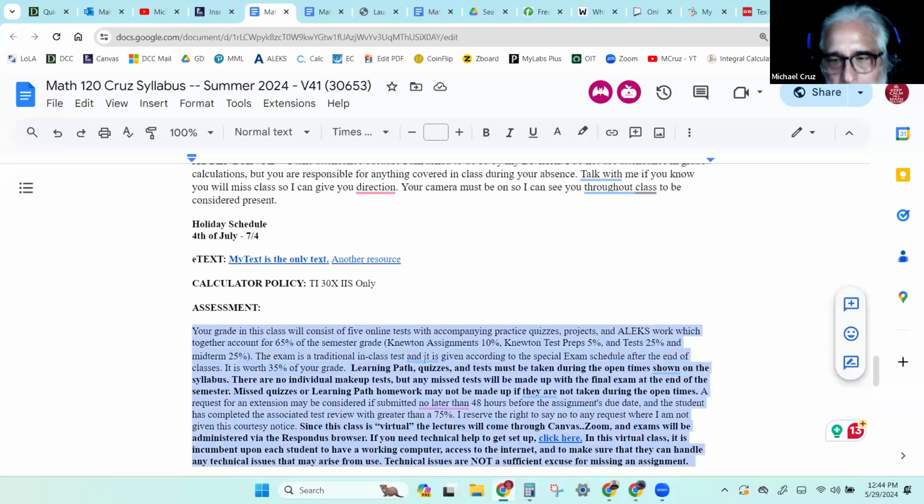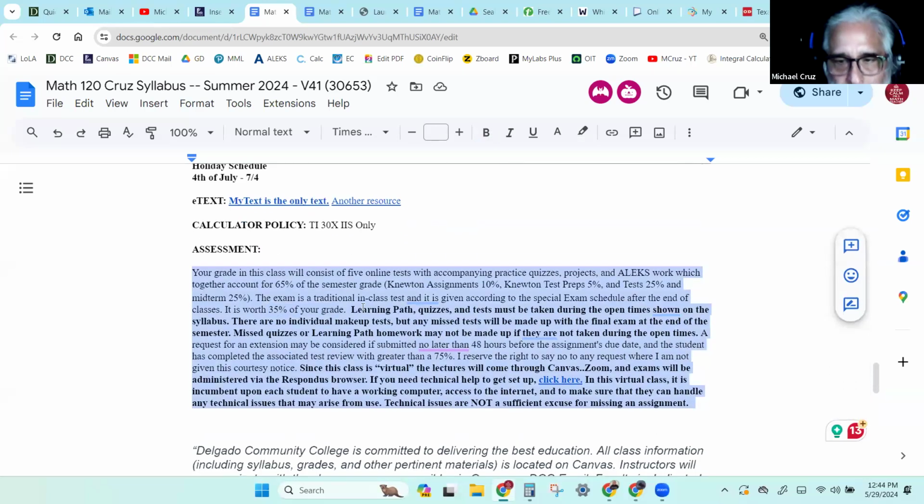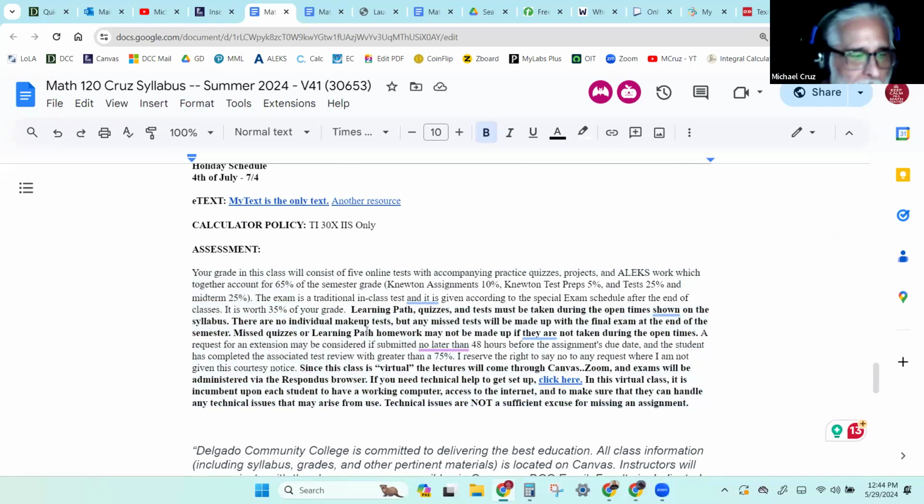Okay, so keep in mind too that there are dates on there. I'm going to have those dates set up by Monday. You should be able to start working on the first one in there, and I'll show you how to get there in a minute. But I'm trying to figure out how to do the dates to make it the best for both of us.